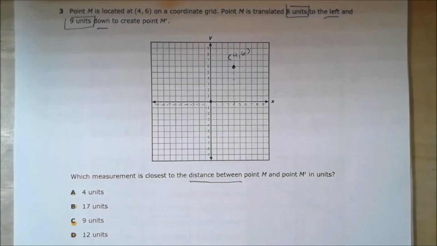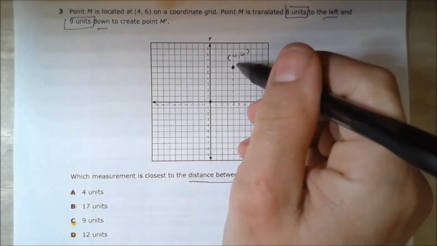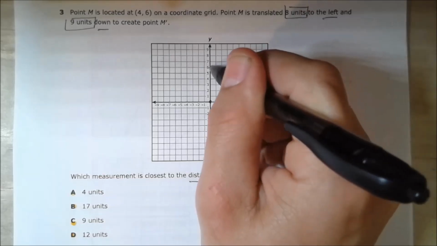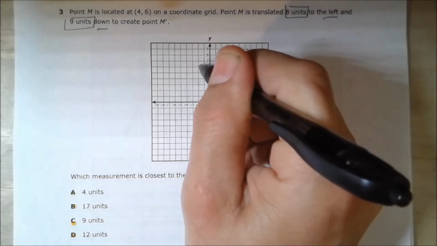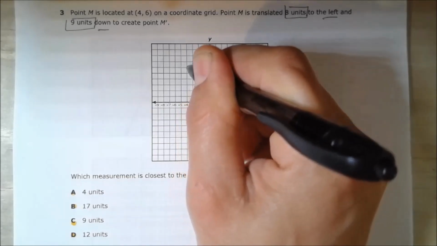Now, it says that point M was translated. That just means that it shifted, or it slid over, either up or down or left and right. And in this case it says it shifted 8 units to the left. So from here, I'm going to go 8 units left. 1, 2, 3, 4, 5, 6, 7, 8. So I should be on -4.